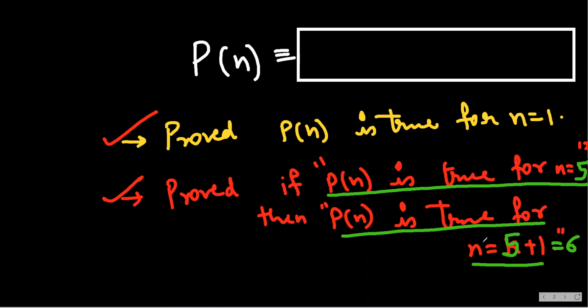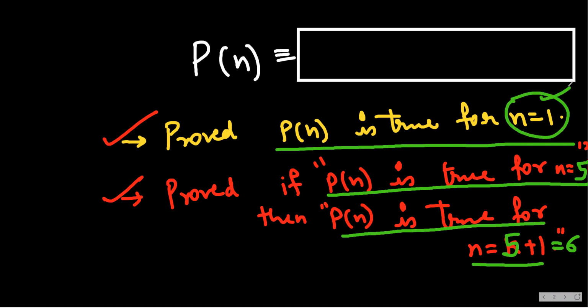So I repeat again, the principle of mathematical induction goes in two stages. What is the first stage? In the first stage, you will prove that P of n is true for n equals 1. Then what you will do?